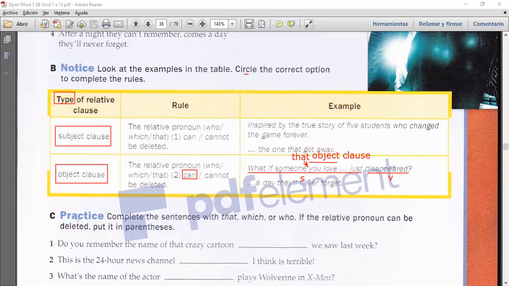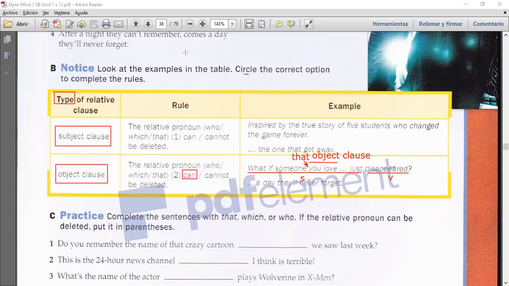Why? Because it is the object clause. And we have you is the subject, love is the verb. What if someone you love just disappear?